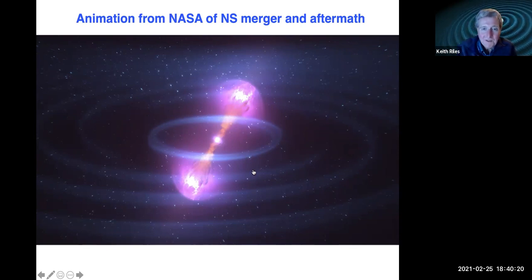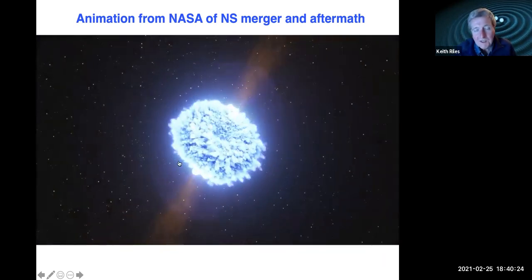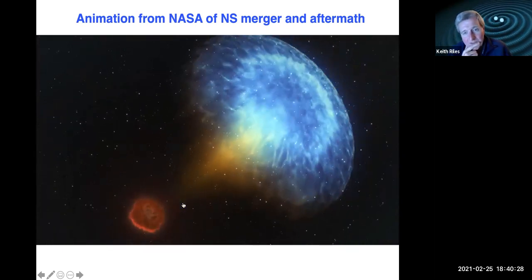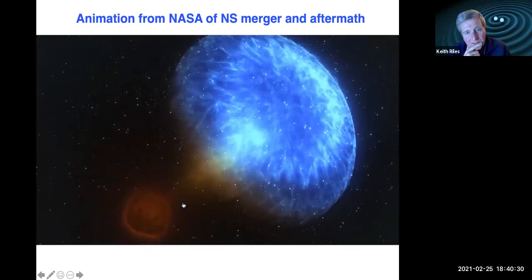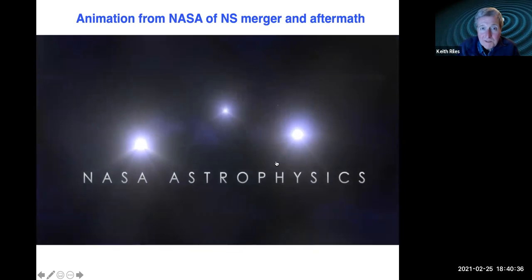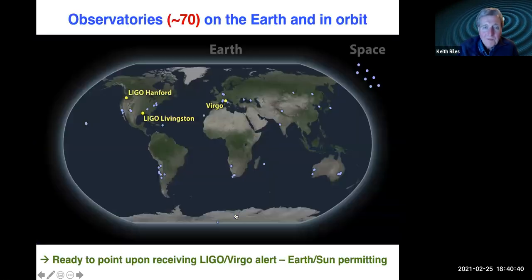Let me continue the animation. All this material here is also quite interesting. Aside from the initial gamma ray signal from the jet, there is going to be an electromagnetic aftermath from the stuff that stayed closer to the original merger point.